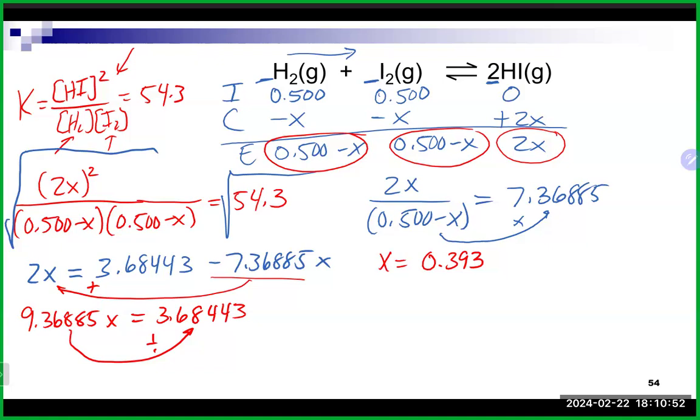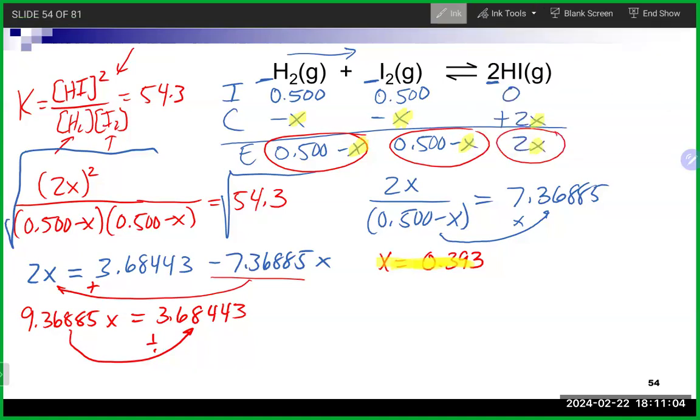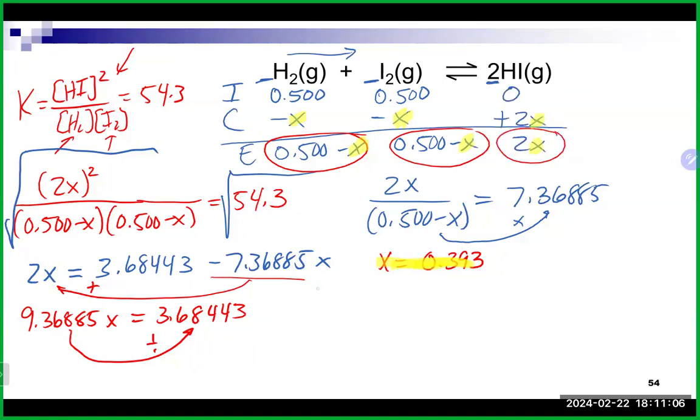Once again, this x value that we just solved for is the x value here, here, here. It's this x value, that x value, that x value. So we're going to put that x value back into each of those, and that will give us, in terms of the concentration of H2 at equilibrium, 0.5 minus x, which would be this. And that's going to give us 0.107, I think.